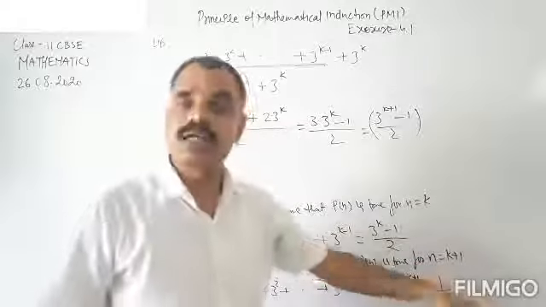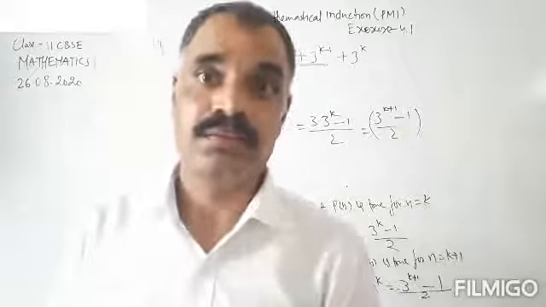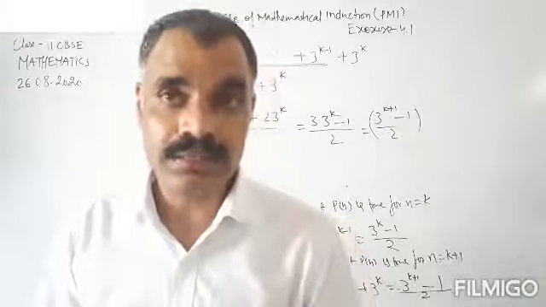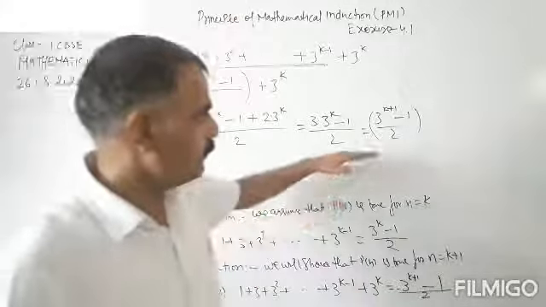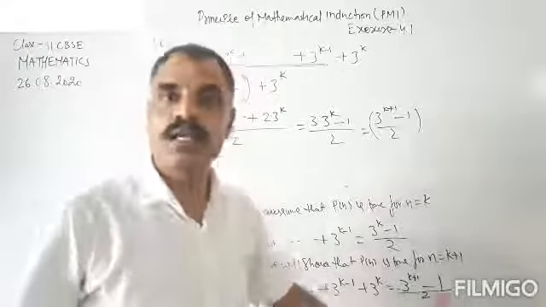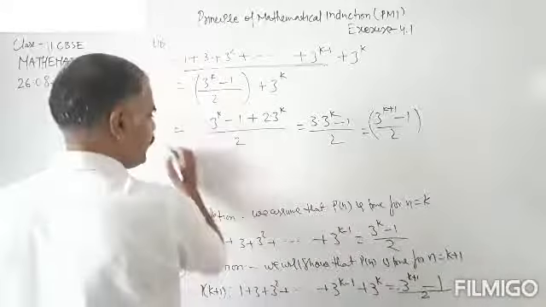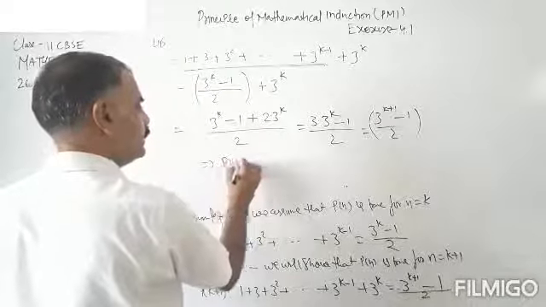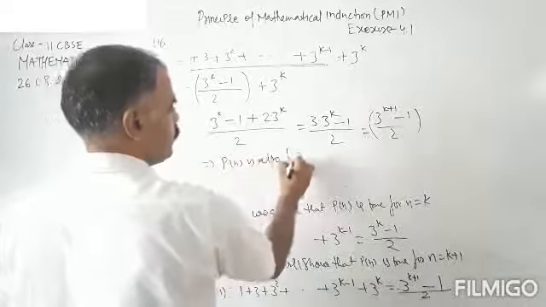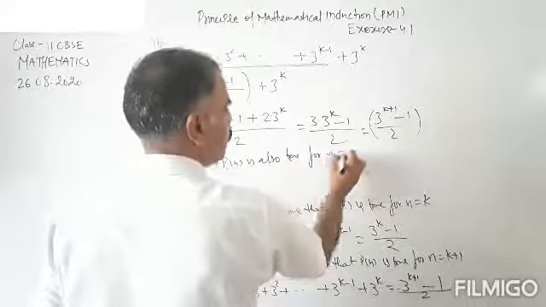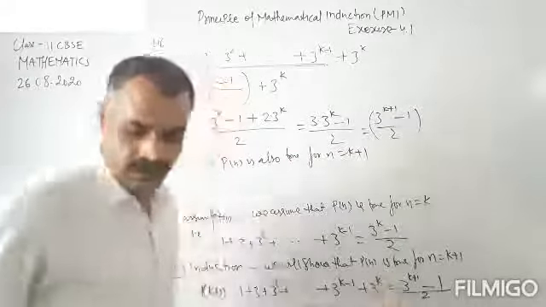That is the right hand side of the induction. It means the given statement is also true for n equals k plus 1, which implies that Pn is also true for n equals k plus 1.